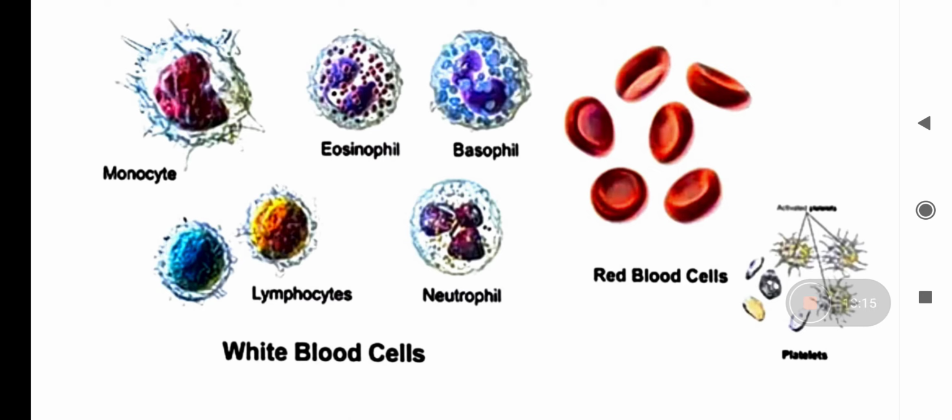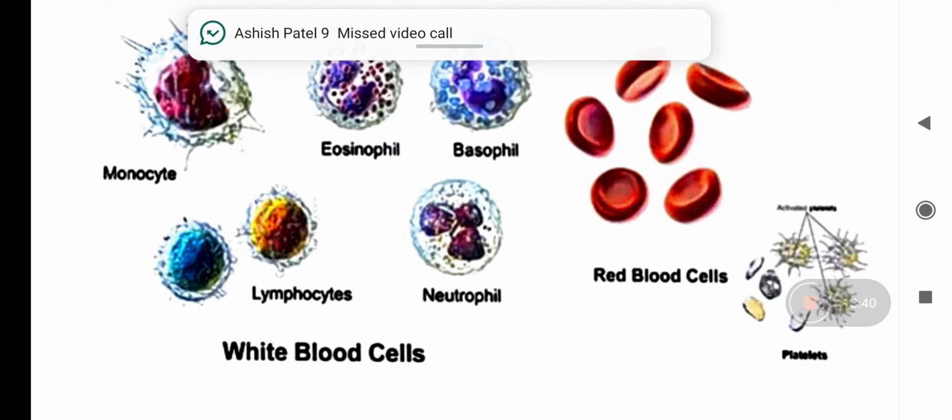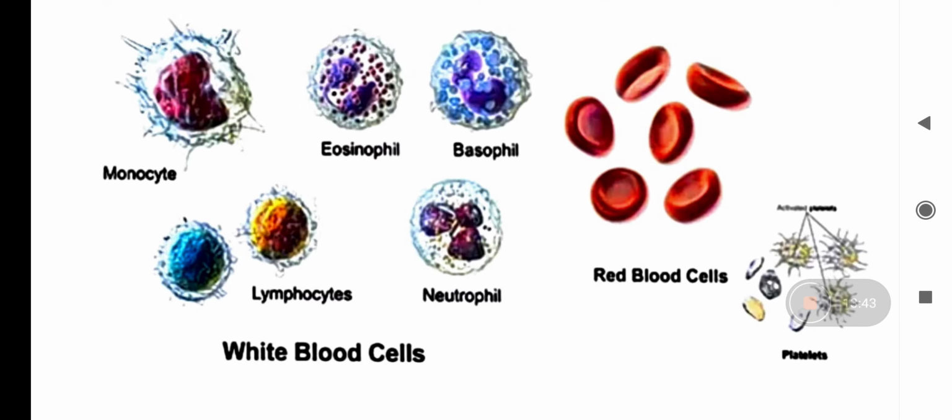Talking about the white blood cells, WBCs. WBCs help to fight infections and they destroy the germs which may have entered your body. White blood cells are normally used to fight infections.